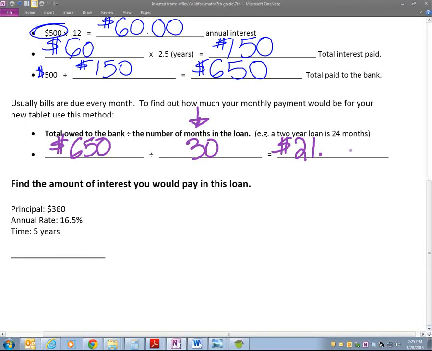Correct? 67 cents. Because when you do that multiplication, it goes like this, 21.6 repeating. Okay, we need to round to the 100th spot, so it goes up. So we have $21.67 every single month for 30 months.